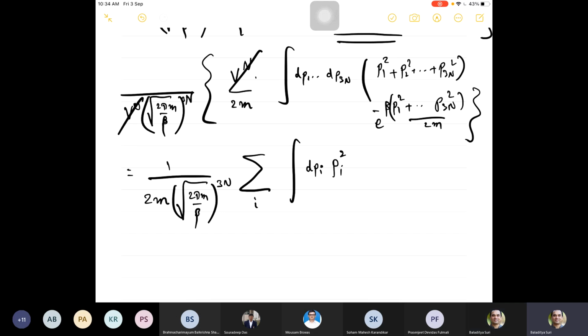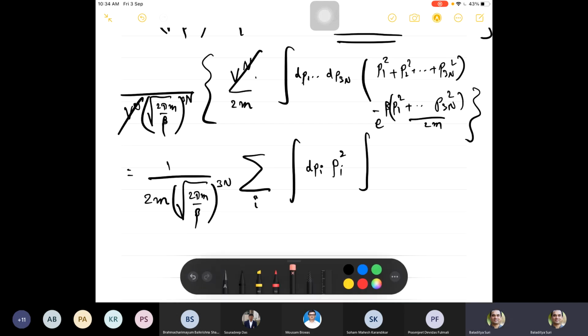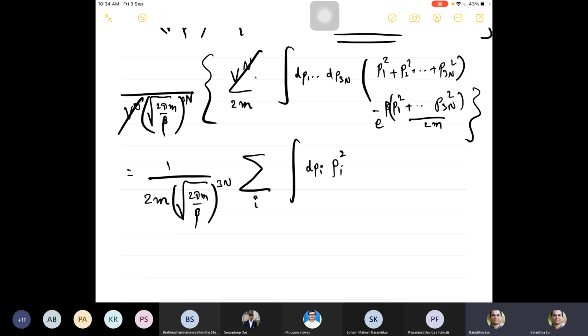So there is a pi outside here, and there is a pi in the exponent, so that will also be pi squared by 2m.